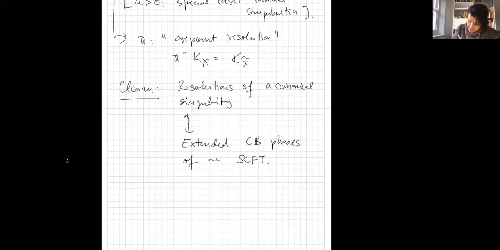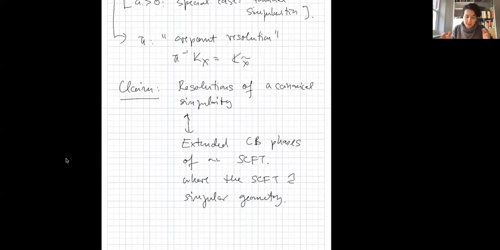The SCFT corresponds to the singular geometry. The origin of the Coulomb branch, where the SCFT sits, is the singular geometry.